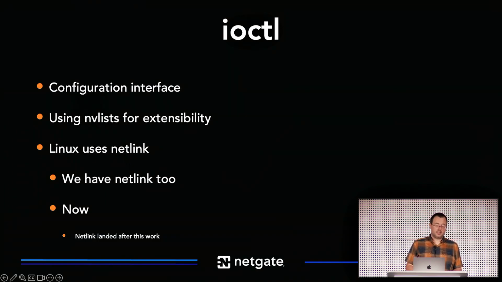If it had had netlink, I would hopefully have been smart enough to use netlink because it is genuinely better than the nvlist approach. And it would have been much more similar to the Linux way of doing things, and that makes life in user space easier. Unfortunately, it wasn't to be.